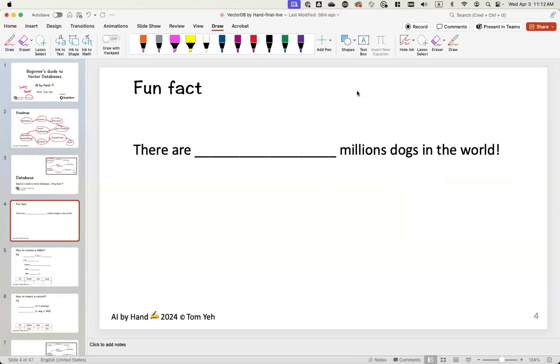That made me wonder, there are a lot of dogs in the world. So just how many dogs are there in the world? I did a little research on the internet and found that there are 900 million dogs in the world. It's almost 1 billion dogs. There are lots of dogs. It's a fun fact that I'm going to start with.